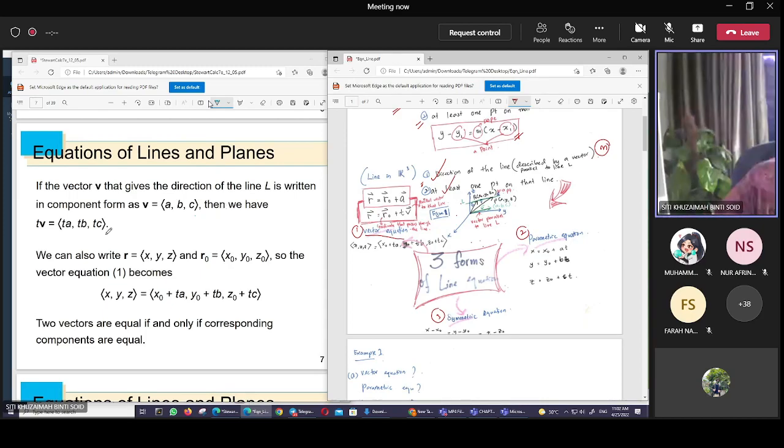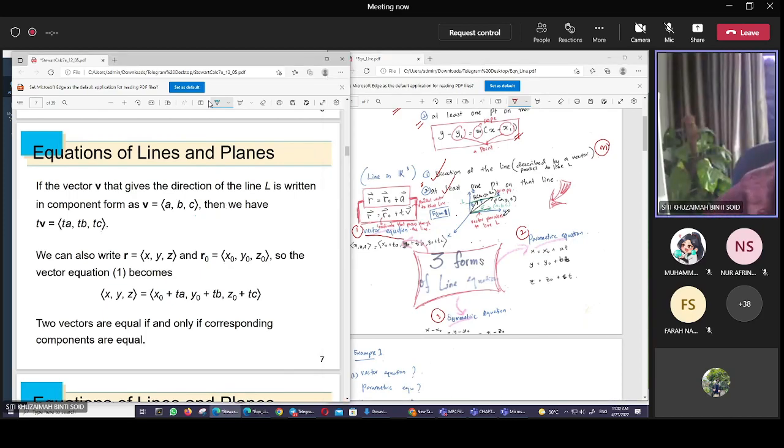It is easy to use, for example, X naught, Y naught, Z naught, and here we have A, B, C. So we can write the equation like this. This is R equals R0 plus TV. This is the coordinate that lies on the line, and this is the parallel vector.